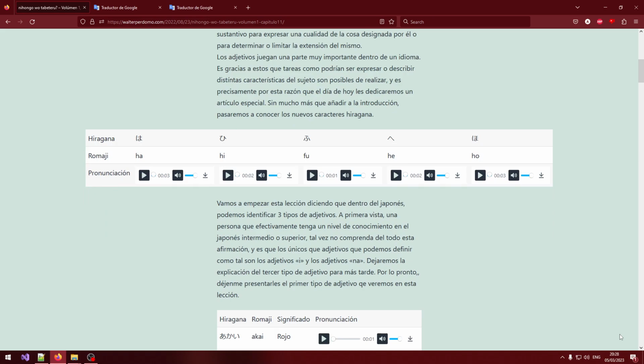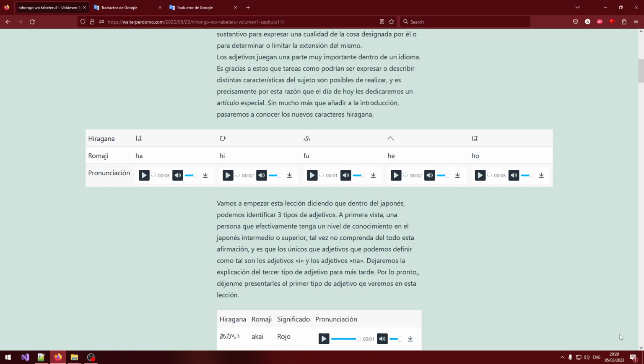Basically they are called i adjectives because they are supposed to end in i. For example, 赤い, akai. The last hiragana character is supposed to be i, right?